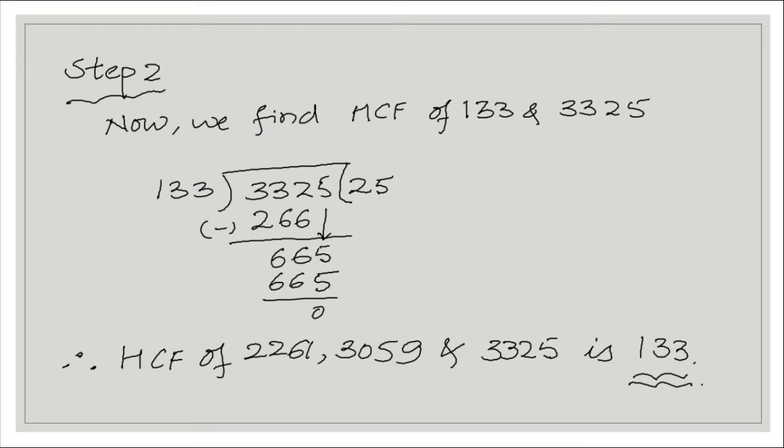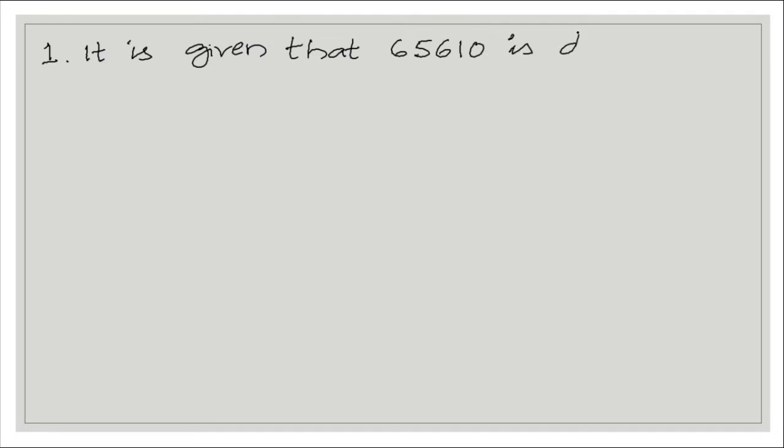First we will understand the question. Very important thing is to understand the question first. So the first question, application type, is: it is given that 65,610 is divisible by 27.